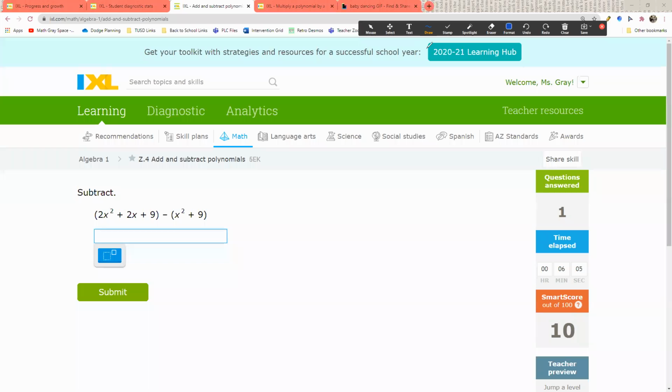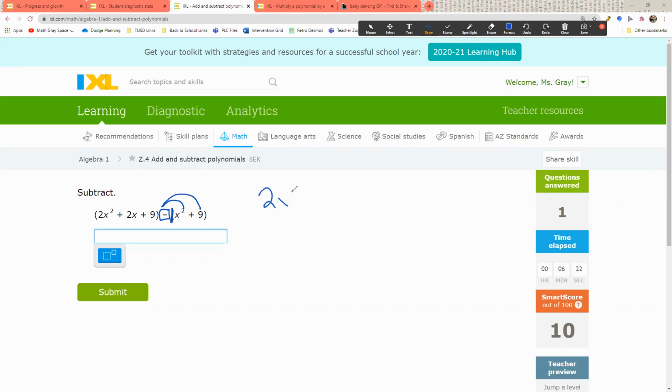So if I go through and start combining, something important to keep in mind is that if I have this negative sign in front of a parentheses here, really what this is saying is I have a -1 that I need to multiply into both. I need to distribute.